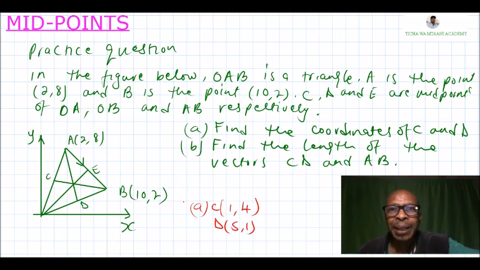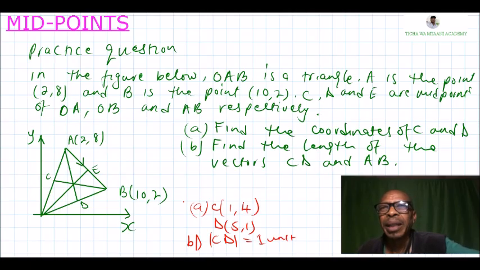Then we have part B. You have the magnitude or length of CD, which I have worked out to be equal to 1 unit. You can check AB, I have not worked it out, so that is a question you can try. So if you get this, then you know that you have understood what we have covered, and you can try other questions.